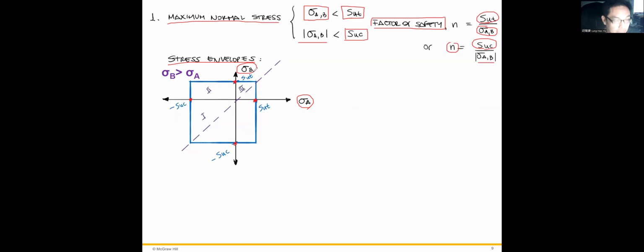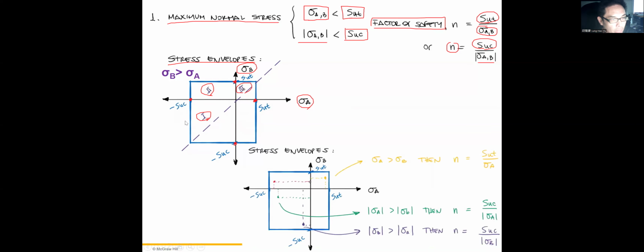In the three areas, 1, 2, 3, sigma B is greater than sigma A. Okay, so let's look at different stress conditions within this stress envelope.